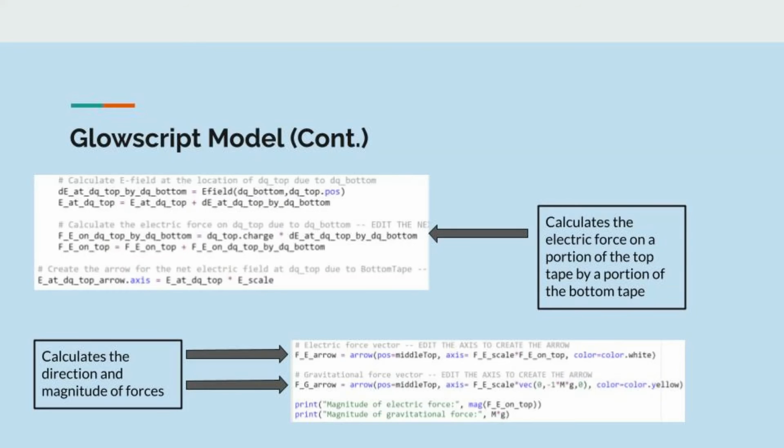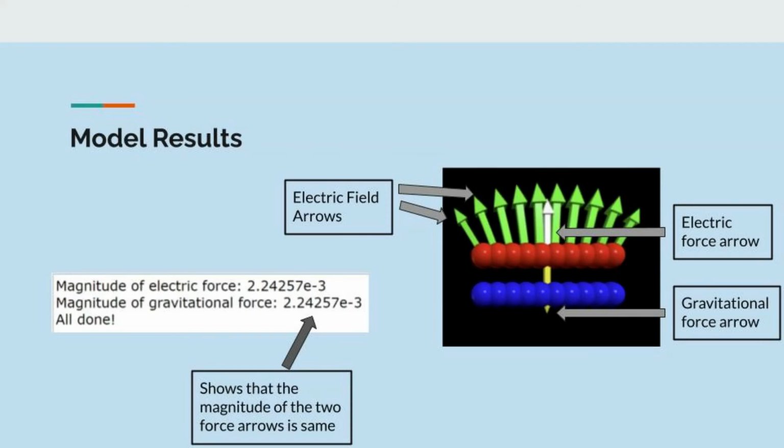Additionally, changes were made to calculate the electric force on a portion of the top tape by a portion of the bottom tape, and to calculate the arrows in terms of direction and magnitude of the forces acting on the top tape. Here are the results from the GlowScript model.